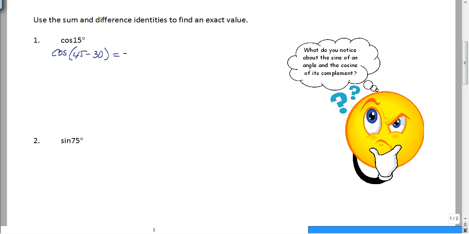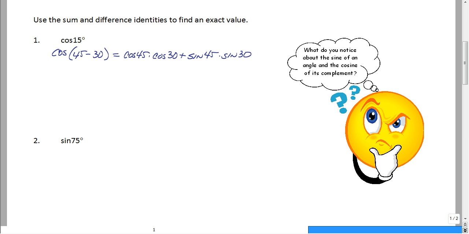So we'll start with the cosine of 45 times the cosine of 30 plus the sine of 45 times the sine of 30. And now you just have to use your exact values from above, plug them in, simplify, and you're done.